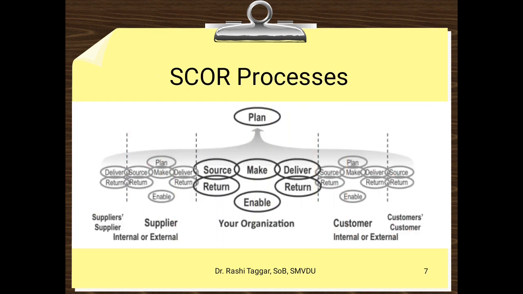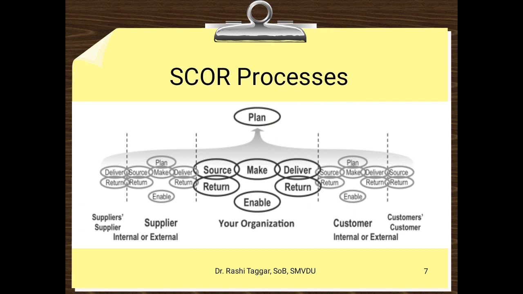In SCOR, the supply chain is represented from supplier's supplier to the customer's customer with integrated processes: plan, source, make, deliver, return, and enable in between.